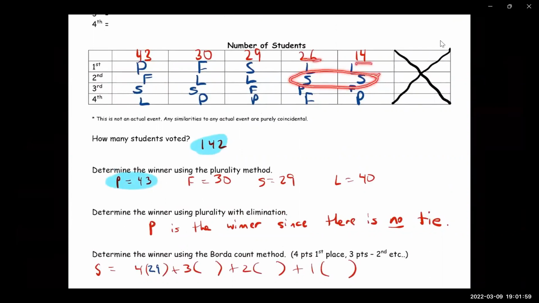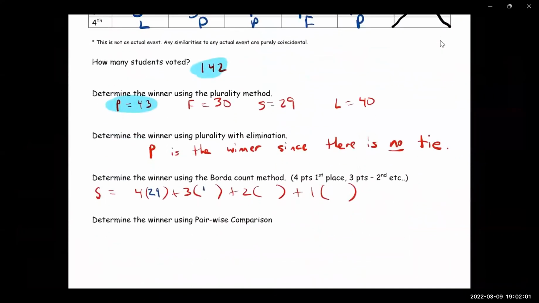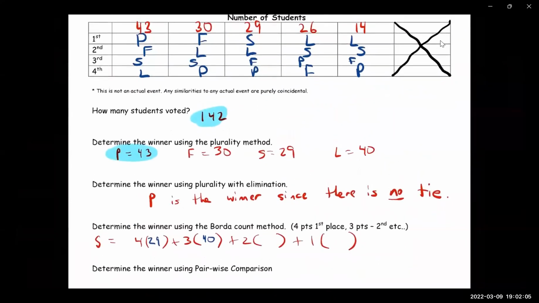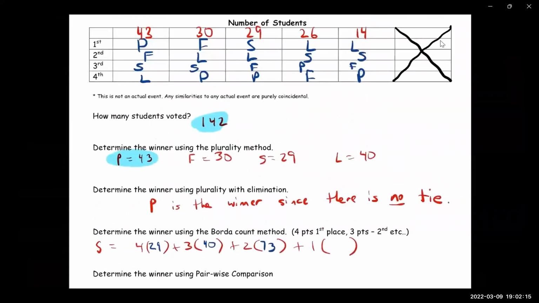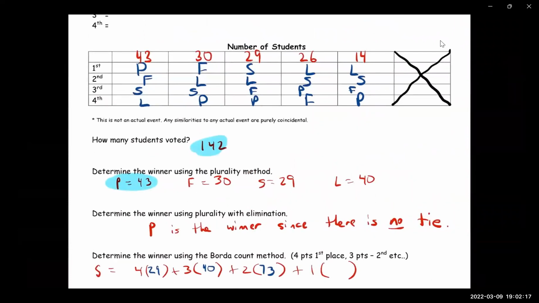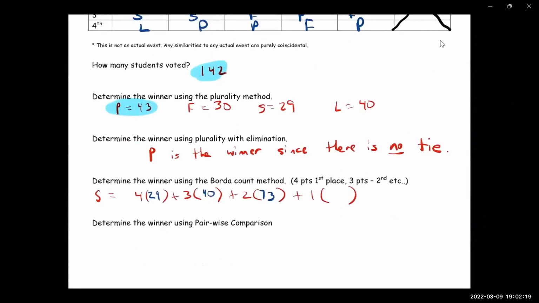Third place votes? 73, I think. Yes, 73. And then finally, fourth place votes for S would have been 0. Okay. So if you multiply and then add, what did you guys get for that?